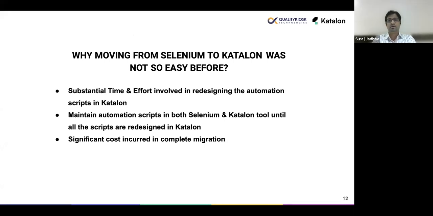Because if we wish to move to a different tool altogether, knowing its benefits, of course, how do we come back from the effort which has gone into it? So that was the trigger point for us to rethink what we can really do for our customers and how we can help them.